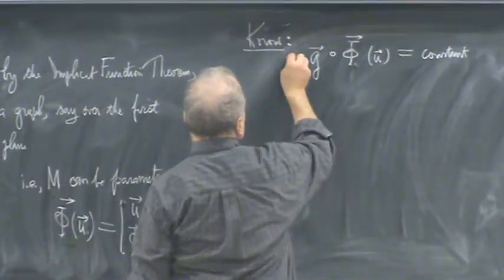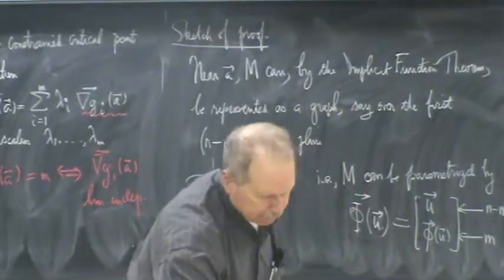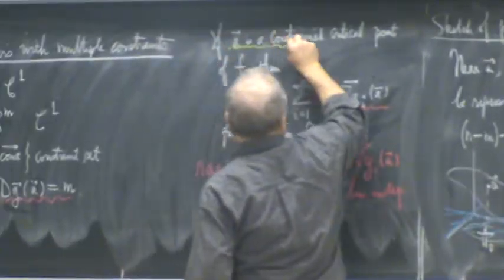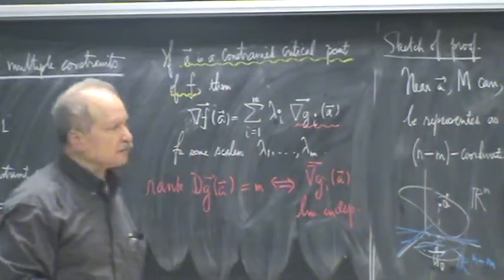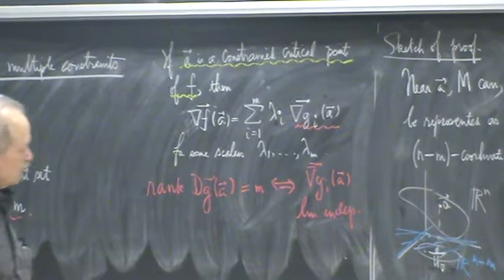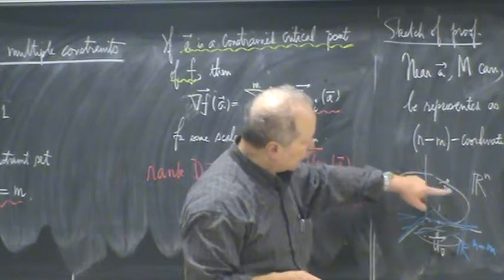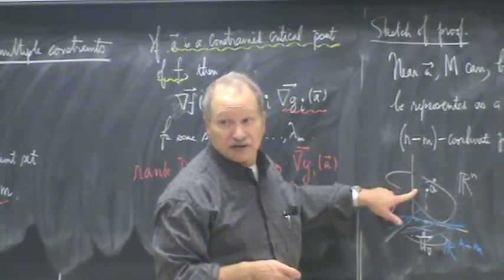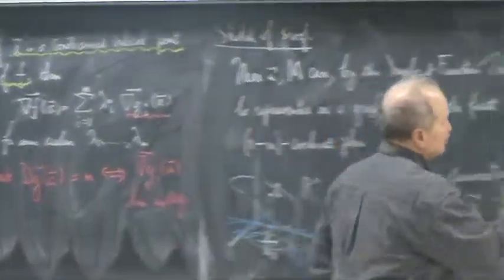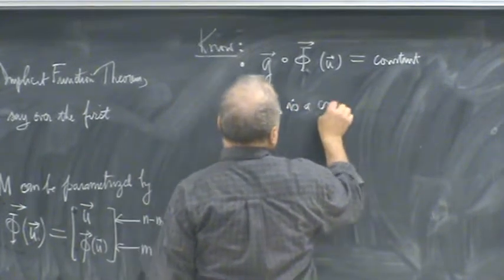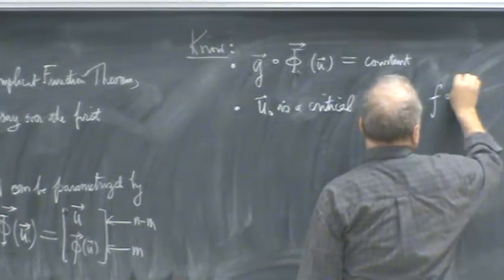What else do I know? What's happening with F? It's a critical point of F. As I move on this surface, this is a critical point relative to all the other points on the surface when I plug in F. So that means u naught is a critical point for the function f composed with capital Phi.